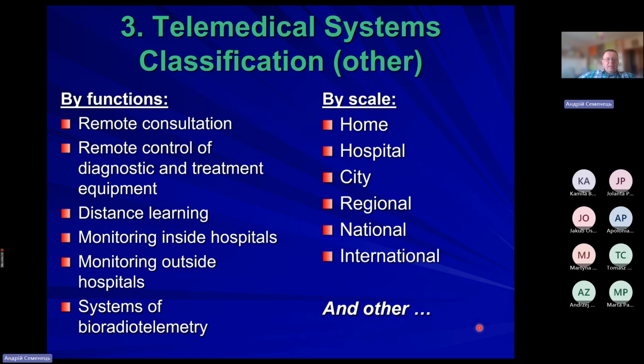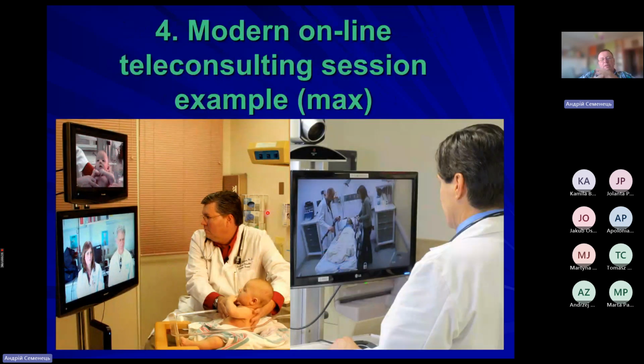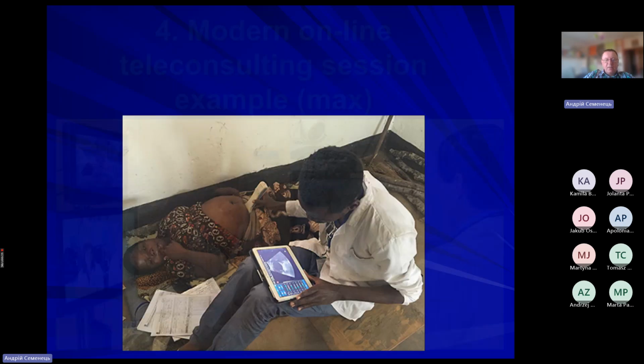As another kind of classification, by function or by scale, different textbooks will give you more definitions, but by function we have, among others, consultation, control of equipment, monitoring, telemetry, and also distance learning. As I said, when we start talking about telemedicine, we imagine something like this, which is definitely a right application of telemedicine.